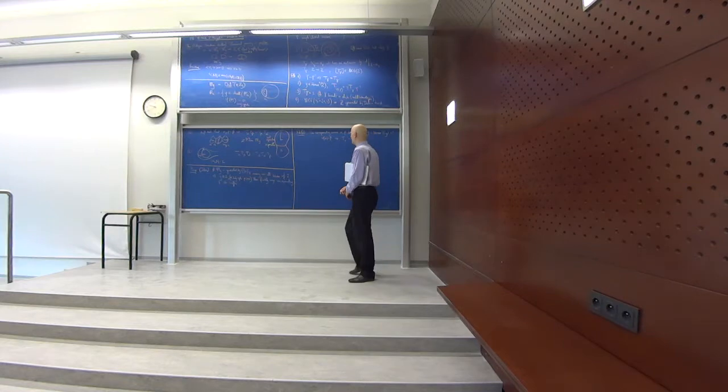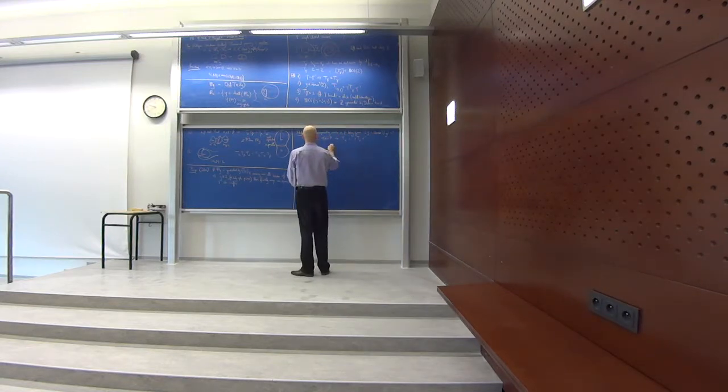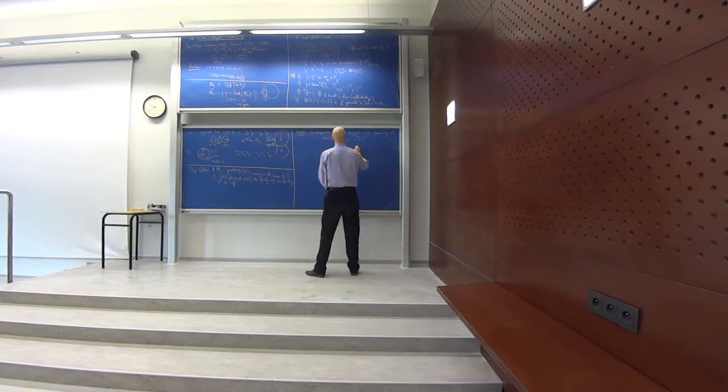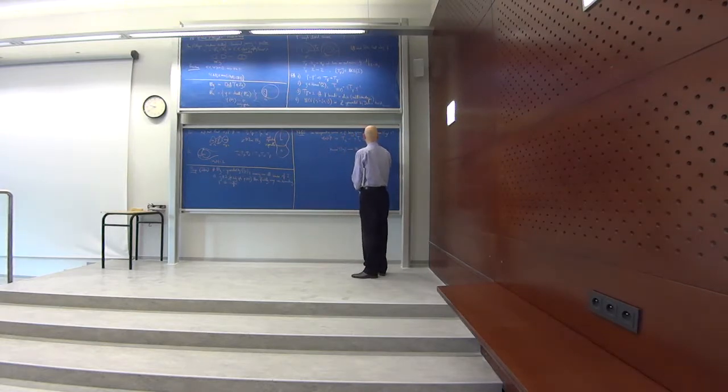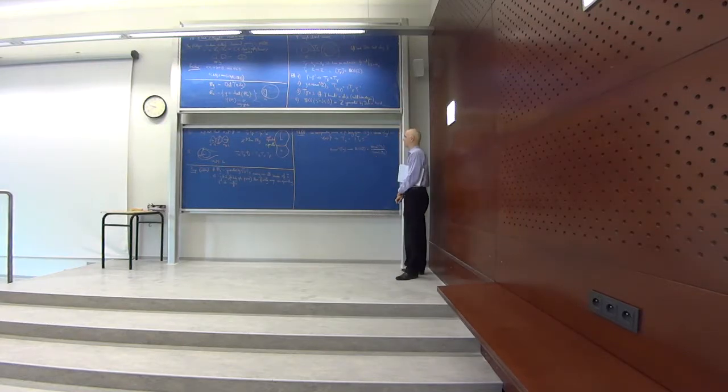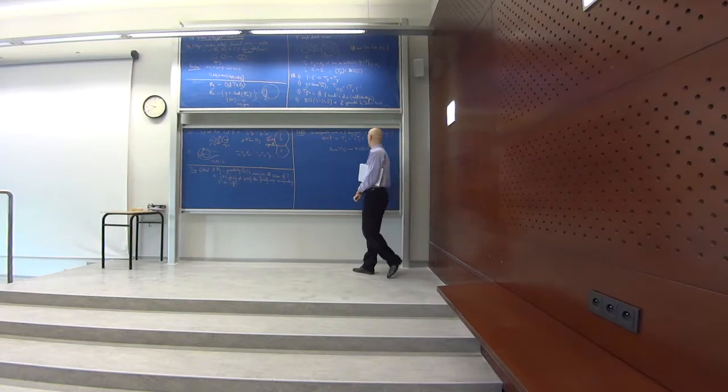So let me just state for those. So I said that the mapping class group is a quotient of the homeomorphism group of sigma g. The mapping class group of sigma g is by definition Homeo plus of sigma g divided by Homeo 0 of sigma g, meaning those isotopic to identity.